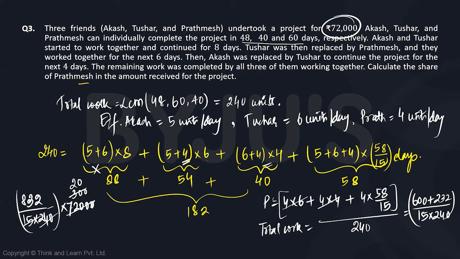And next is 20 into 832. So 2 into 832 is going to be a total of 1664, and then we will have a 0. So this is the total amount that Prathamesh is going to get out of 72,000. So we had to type in 16640.